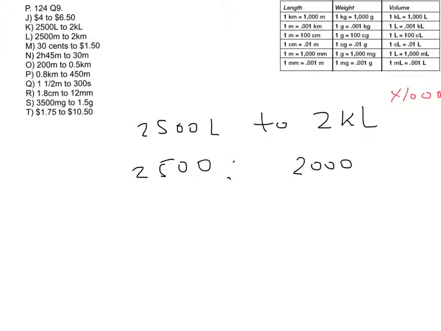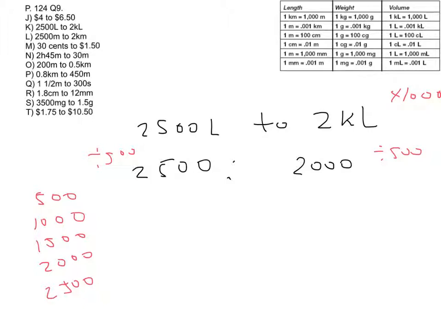So the number that goes into both numbers here is 500. So how many times does 500 go into 2,500? Again, if you need to, you can even write it out. So this is actually the multiples of 500. So we can see that 500, let's just divide both sides by 500.